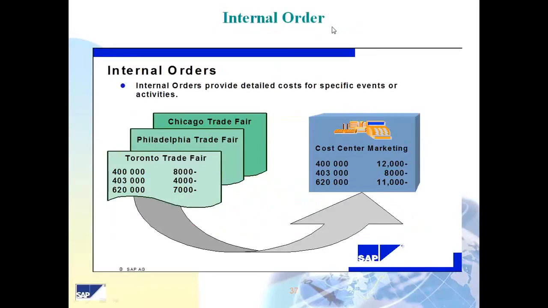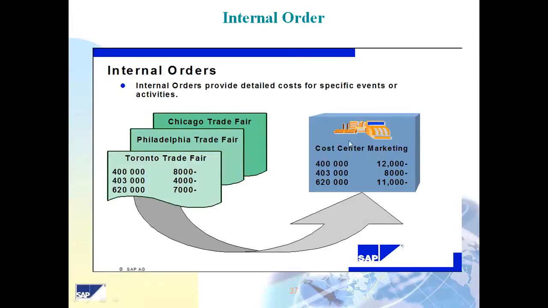The internal order is also part of overhead management. The internal order provides detailed cost of specific events or activities. I have given an example. The cost center is the marketing department. The department would like to control each activity separately.